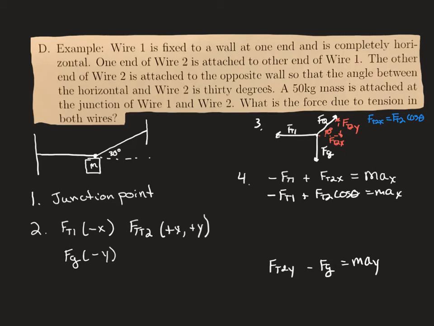It's no longer the x component, because we're multiplying the hypotenuse times the cosine of the angle. I can do something similar down here: the force of tension 2 in the y direction is force of tension 2 times the sine of theta, because the y component is opposite the angle provided.